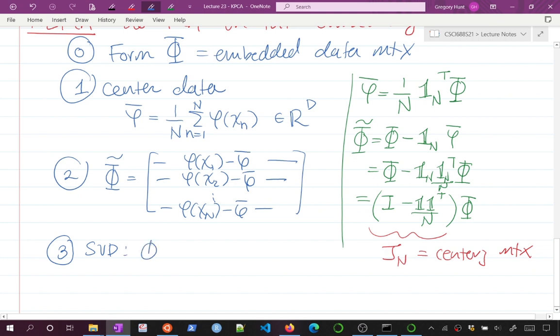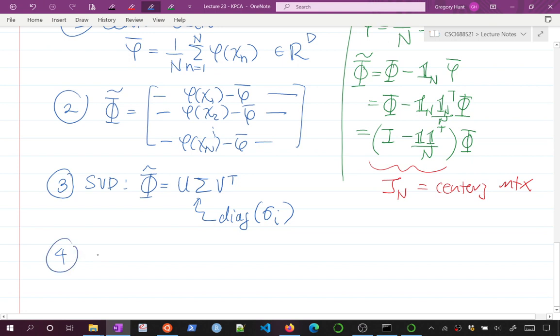So we say phi tilde is maybe U sigma V transpose. So here this sigma is my diagonal matrix with my singular values in it. I'm using sigma because I've already used the d as the dimension up here of my embedded space.